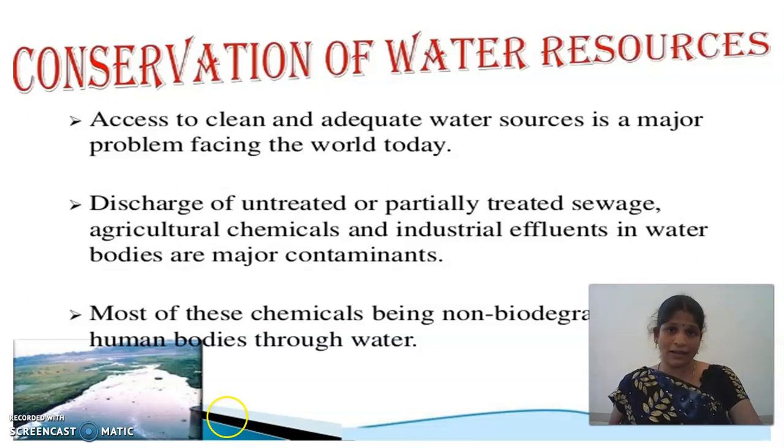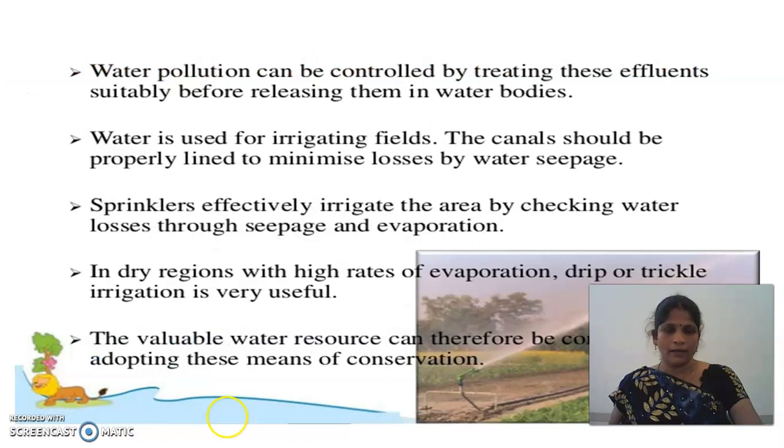After humans use those aquatic animals, fish and others, it causes great skin diseases for them. Water pollution can be controlled by treating these effluents. As I said, before releasing the untreated water, we should treat it.